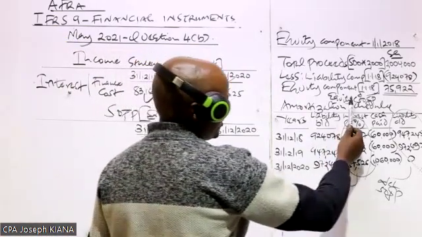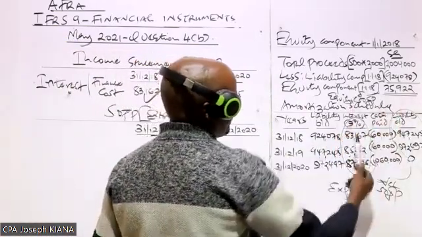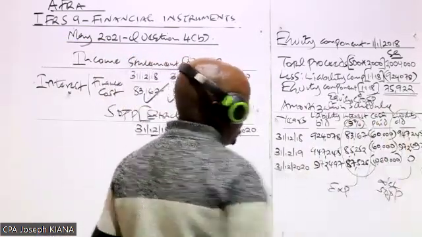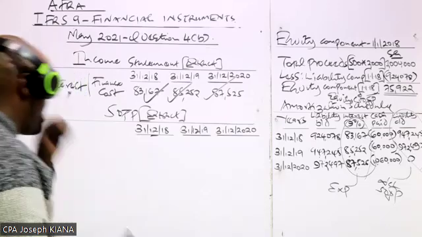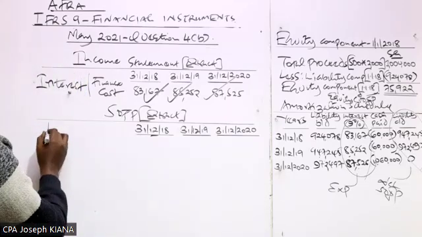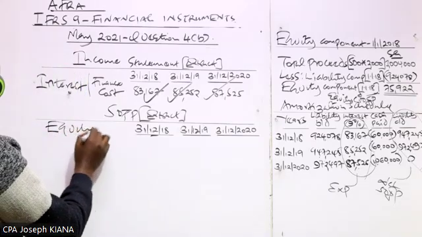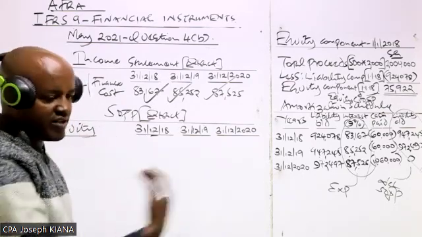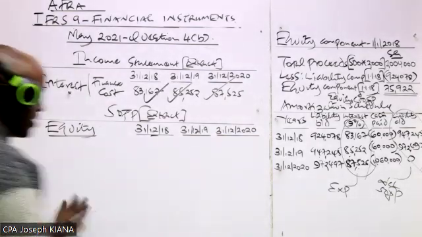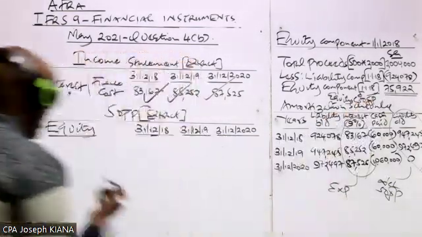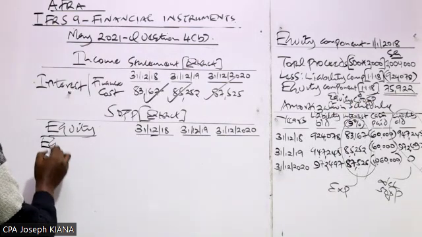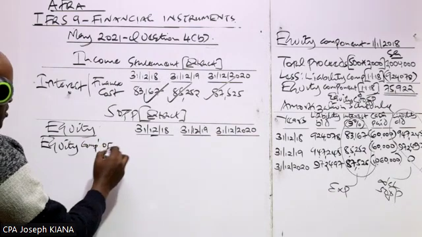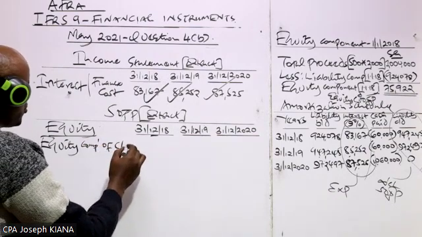First of all, we have this equity component, which will be recognized as a component of equity, and also we have this liability here. When preparing the statement of financial position, first of all we record equity, followed by liabilities. So this item here, we record it under equity. Specifically, we refer to it as equity component of convertible loan notes.